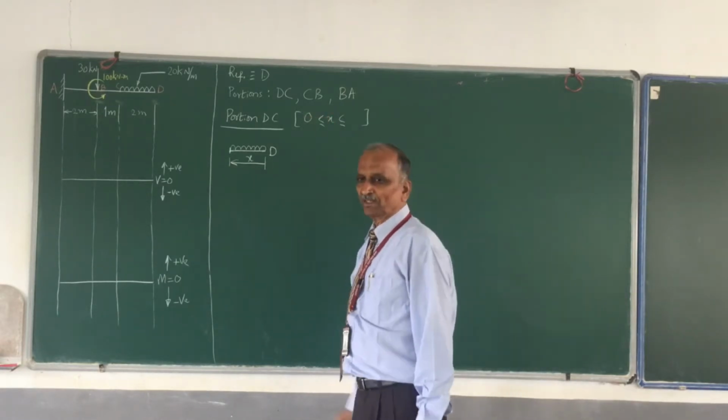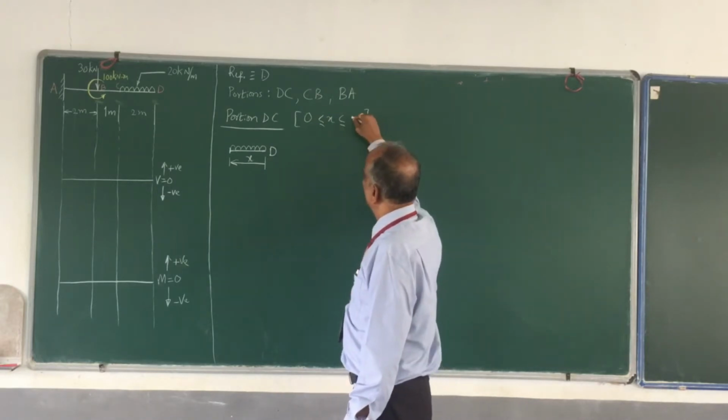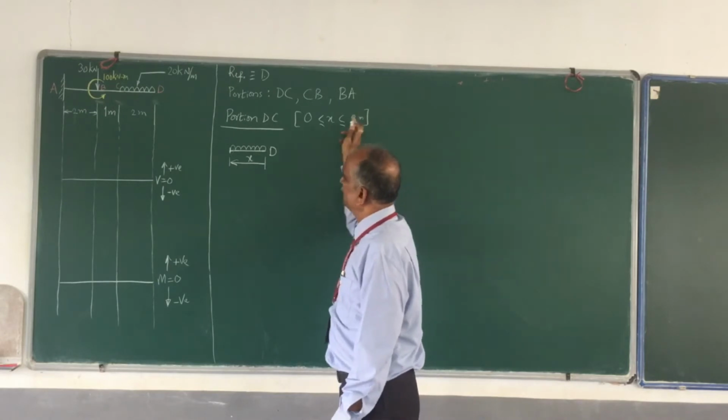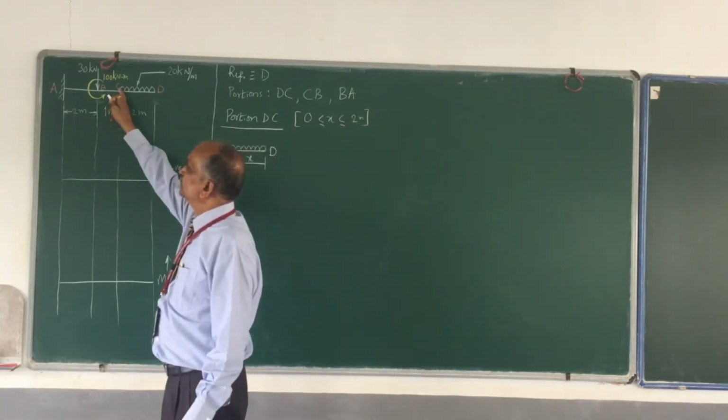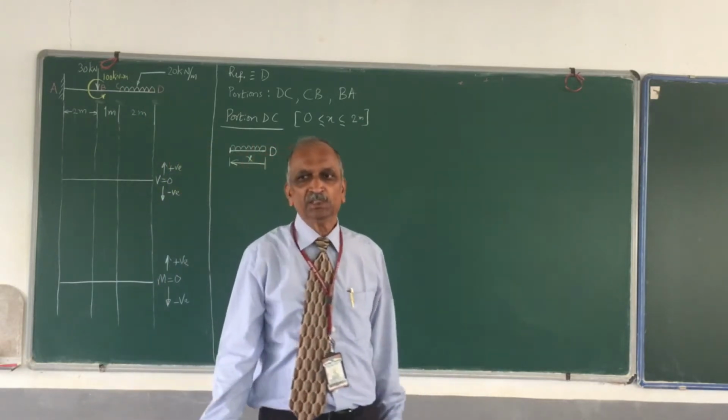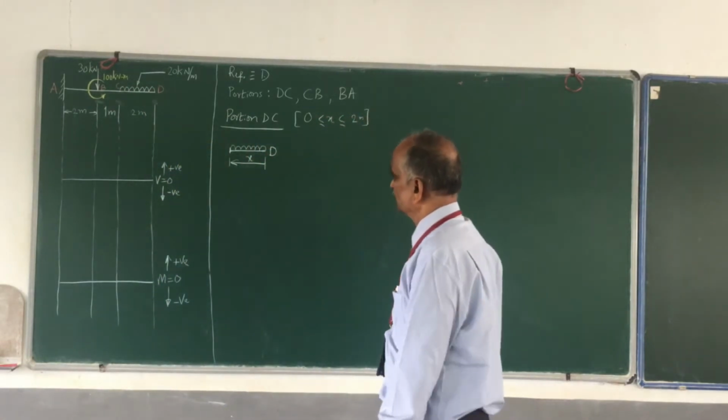It is 0, the free end, and the largest value is 2 meters, that is at point C. If you go to X equal to 2, you are at C. X is 0, you are at D. So X value is between 0 and 2 meters.